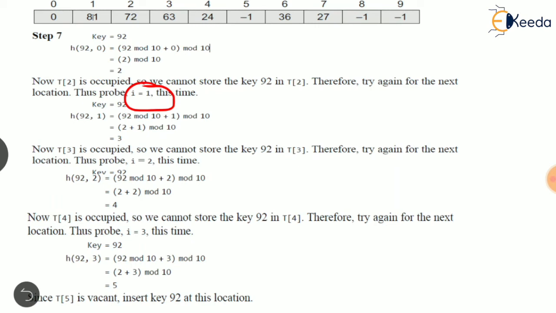So by doing all these mathematical manipulations, by changing the probe number every time, we can successfully find the unique position to store the key value with linear probing. So this is one type of method. With the help of that, you can minimize or remove the collision from the hash table.